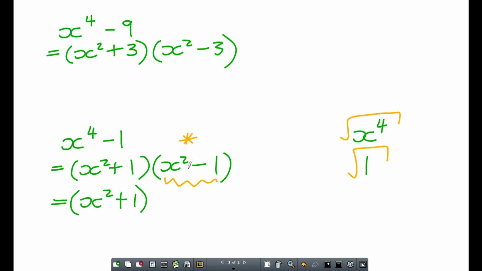That second bracket, I can't take out a common factor. I can't group, it's just two terms, so grouping is not going to help me. Can I get difference of two squares? Yes, I can. So that bracket can actually go further and become another two brackets.